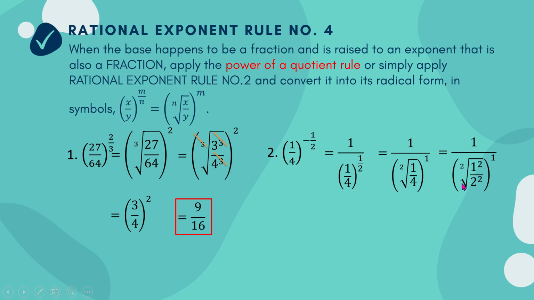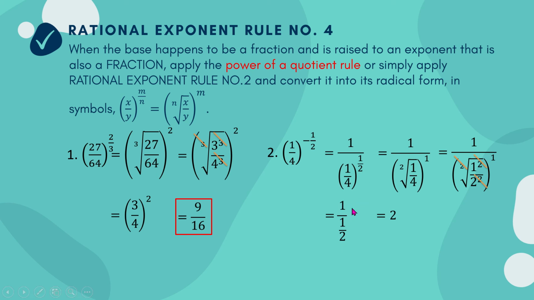Then 4 can be expressed as 2 square, since 2 times 2 is 4. So 1 square over 2 square is still equivalent to 1/4. We do this so we can see that the two exponents 2 will cancel with the index 2. Therefore 1/2 comes out as a denominator. To rewrite that, it would be 1 over 1/2.